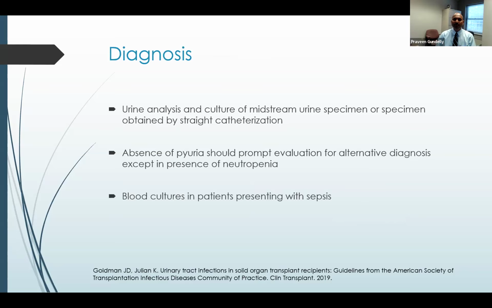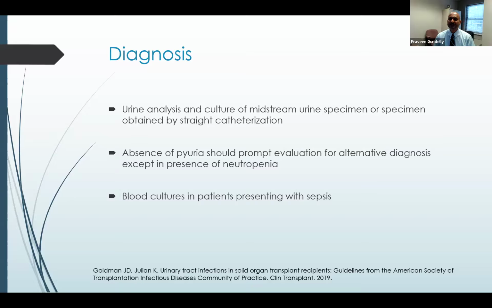How do we diagnose UTI? Sometimes it's straightforward. We don't have to do much. We know the patient has a kidney transplant, comes in with sepsis, and the urine analysis shows significant pyuria.